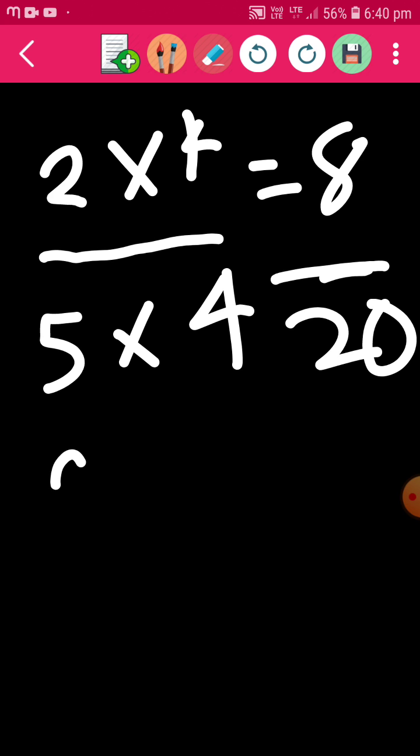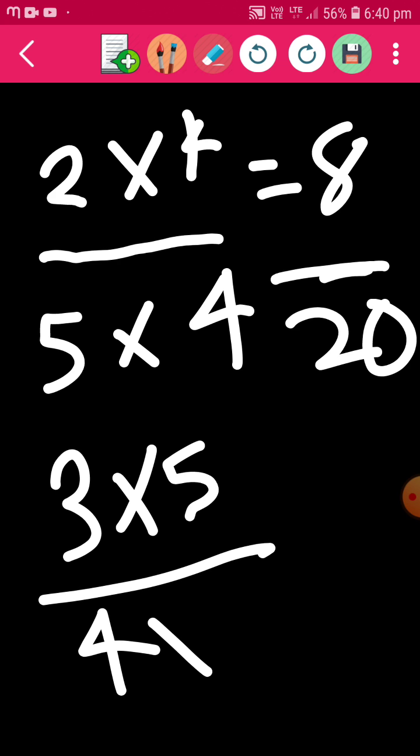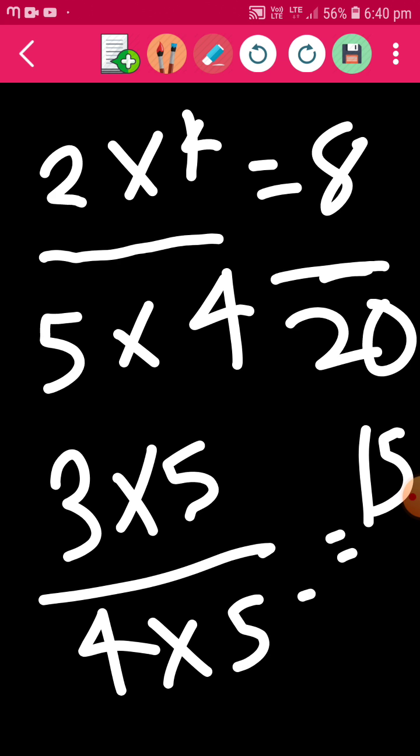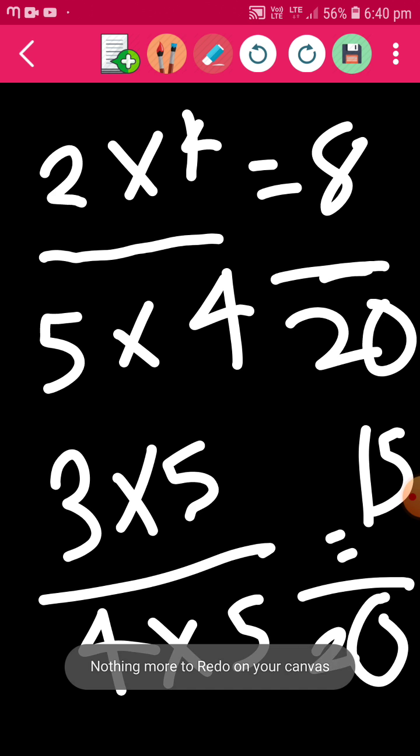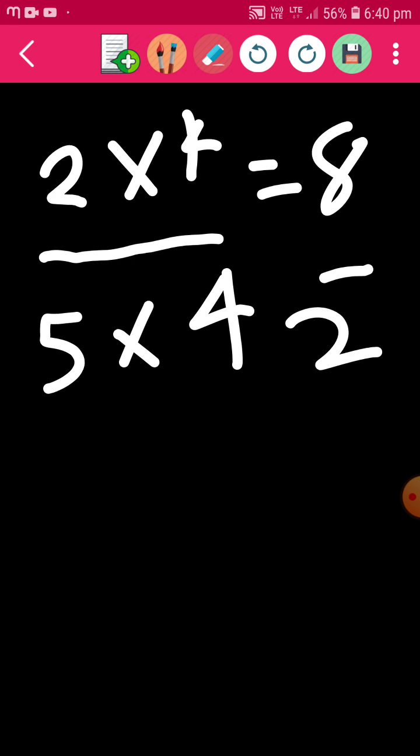So then we will multiply 3 into 5 and 4 into 5, and it will come 15 and 20. Okay, so then we will be comparing the fractions with the same denominators, that is 15 by 20 and 8 by 20.